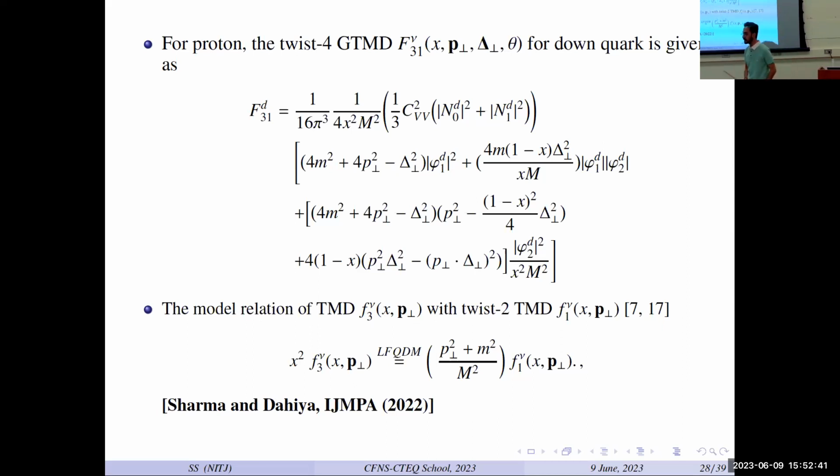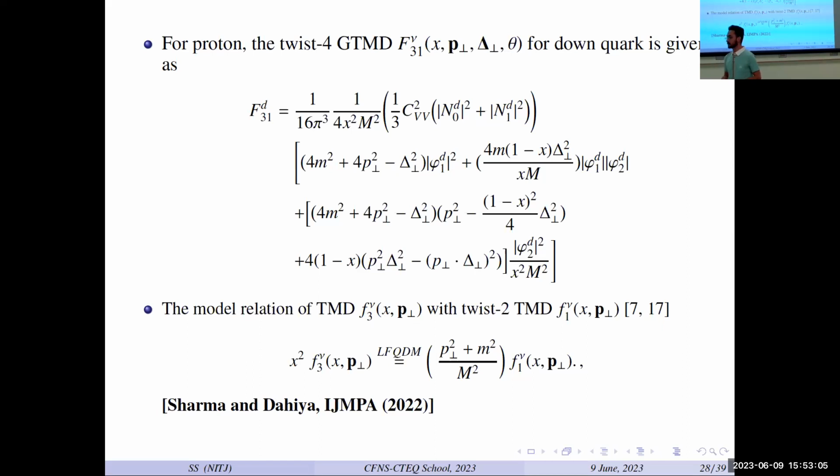Yes. I understand we are calculating GTMD, and by doing a Fourier transformation of the delta purple, you can get to Wigner distribution, right? Yes, we can calculate the Wigner distribution, but there is a slight problem at high twist because we can't distinguish between the polarization of the hadron and the polarization of the quark at high twist.